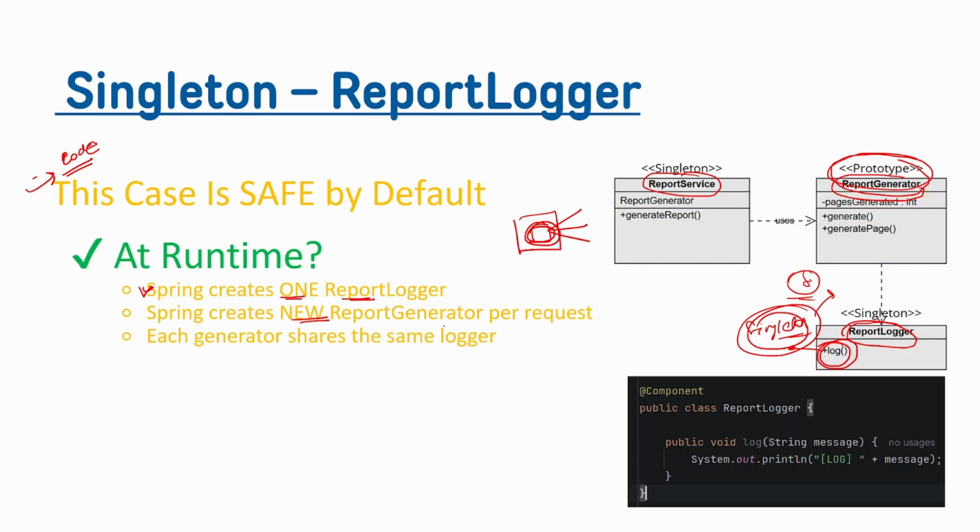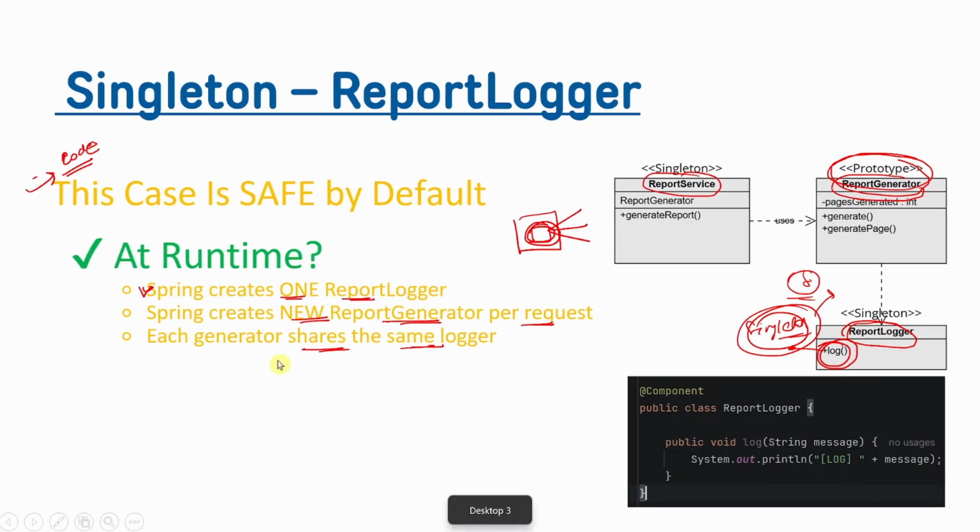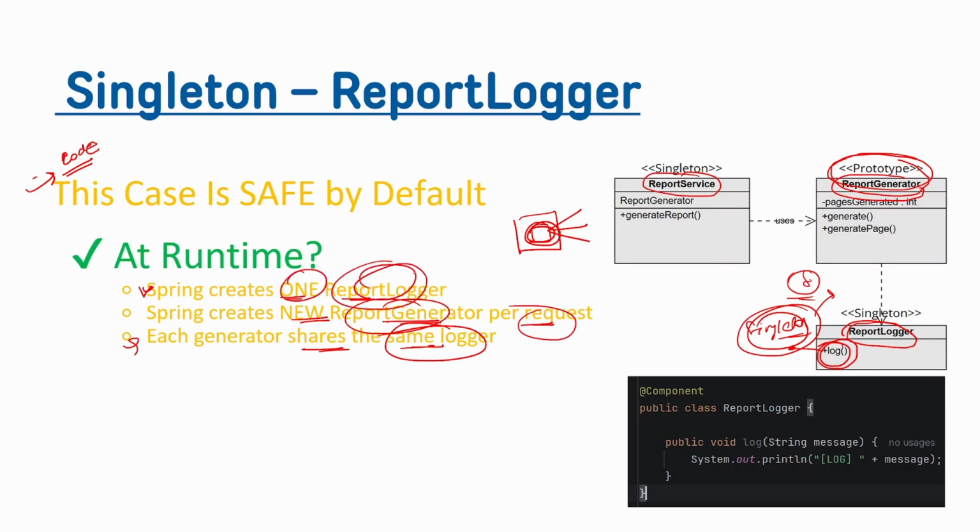Spring creates a new report generator per request, and each generator shares the same logger. Spring creates only one report logger.